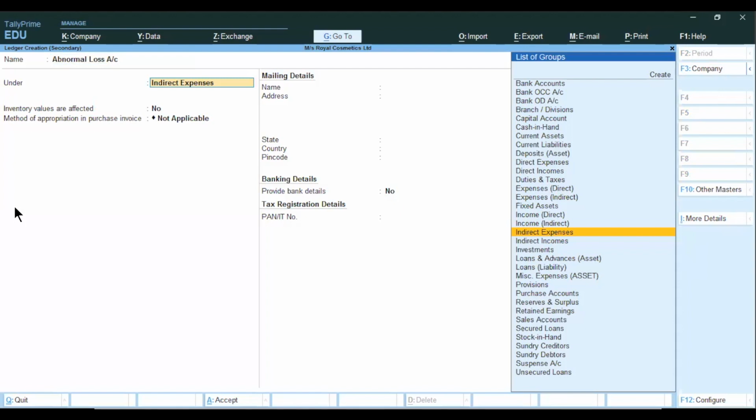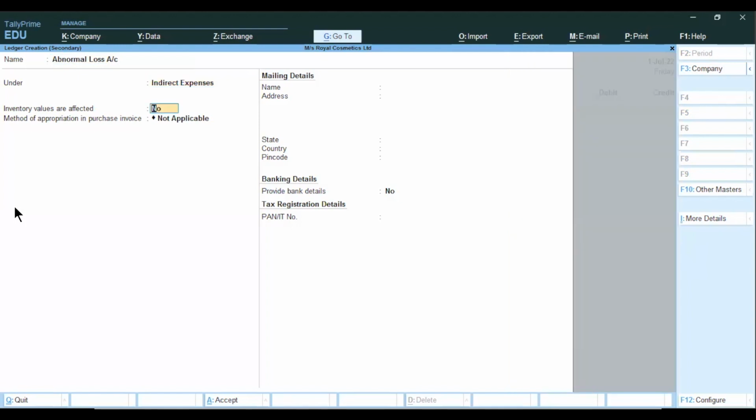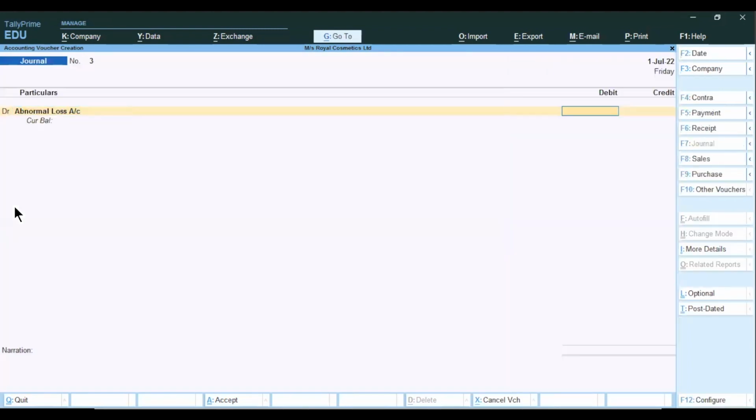It is a loss, and it will appear on the profit and loss debit side. The profit and loss debit side has all the indirect expenses. So abnormal loss we can group under indirect expense, and the rest as it is. Press Ctrl A and save this ledger.